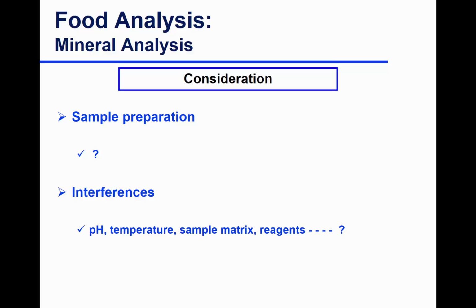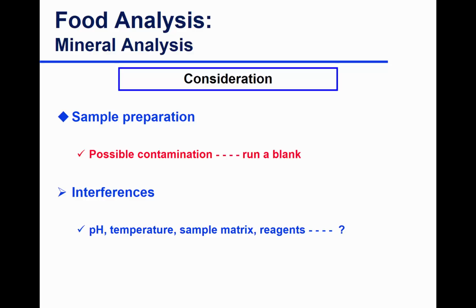It's very important. So we want to avoid any contamination if we are attempting to determine, let's say, iron content. You have to avoid grinding in a metal grinder. And we always run a blank for that.